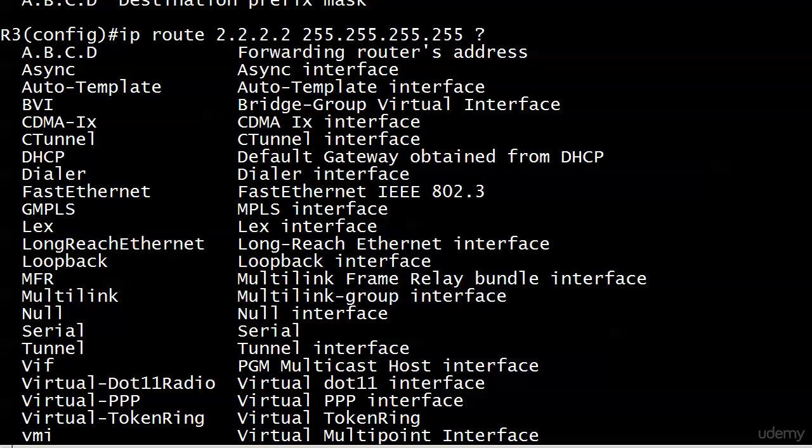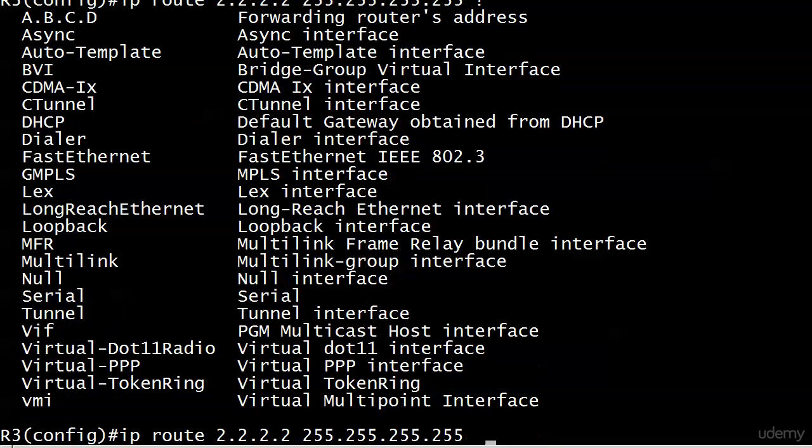Very important distinction there. You're either setting the downstream router's IP address that should receive this packet, the next hop IP address, or you are going to enter the local router's exit interface. So here, what I'm going to do is send it to the next hop IP address.